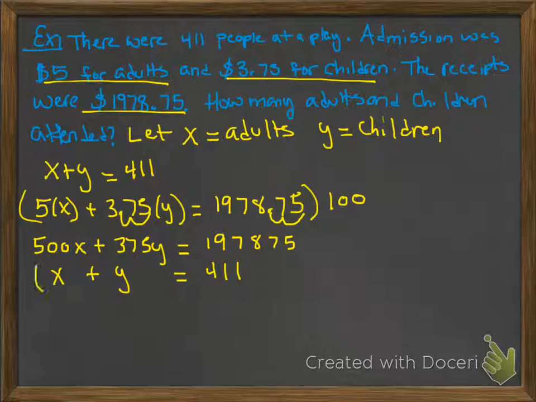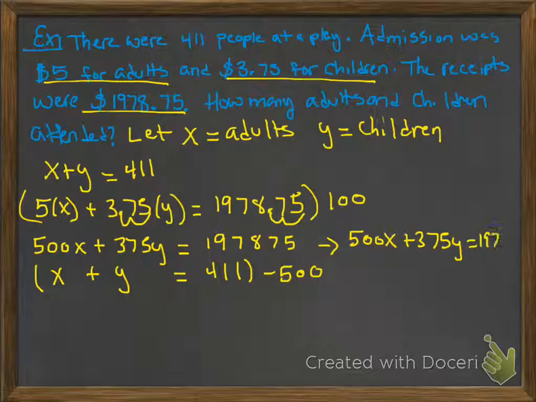I'm going to do an elimination where I'm going to multiply this all by negative 500. And this gives me, I'll rewrite this over here, I end up with 500x plus 375y is equal to 197,875, and negative 500x minus 500y is equal to negative 205,500.